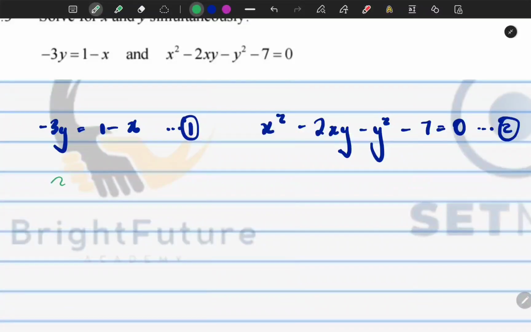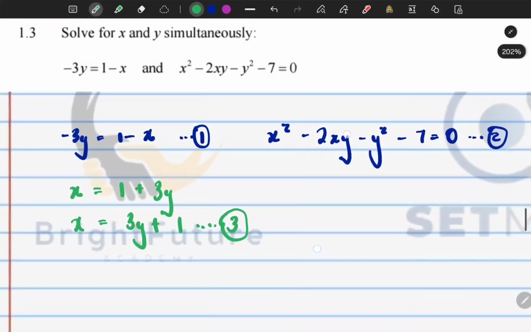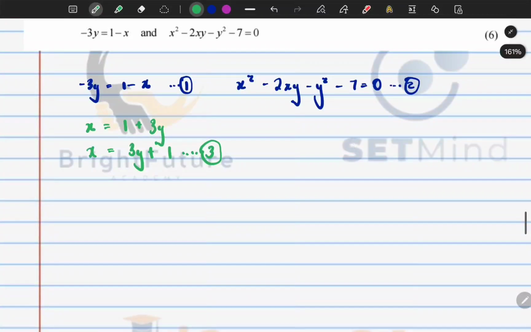So when I transpose this and it comes the other side, x is equals to 1 plus 3y. So essentially what I have is x is equals to 3y plus 1, and I can call this equation 3, right? So now I have 3 equations, right?